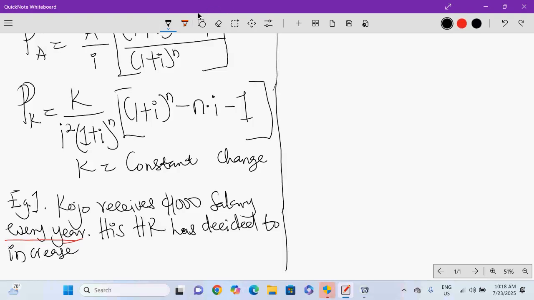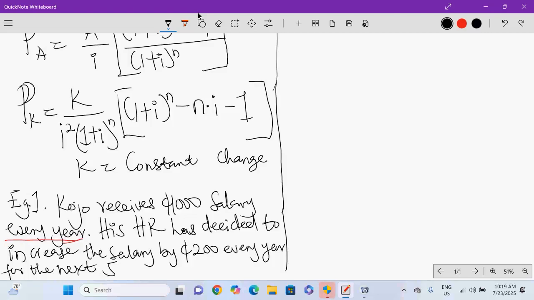So his HR decided to increase the salary by 200 cedis every year for the next 5 years.